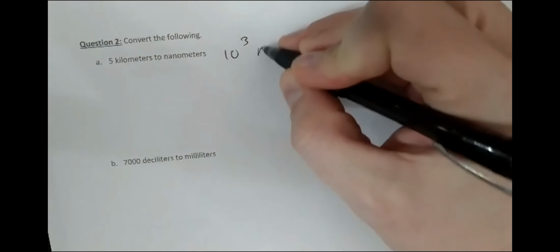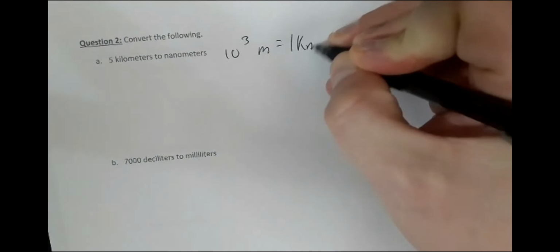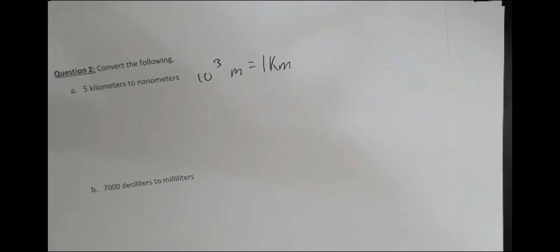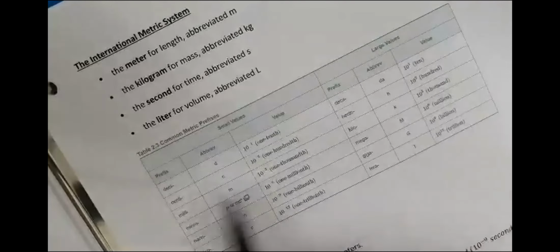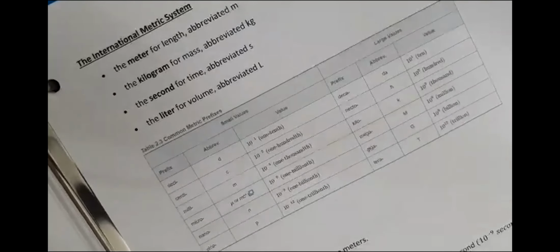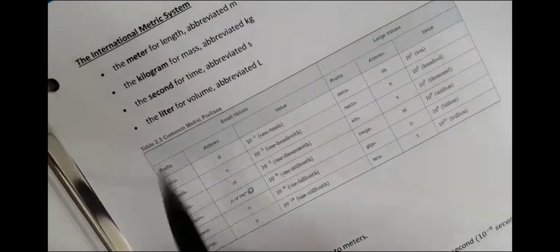Okay, so I'm starting out with 5 kilometers. So there are 10 to the 3rd meters. If we're looking at this table, these numbers are giving us the number of meters per, and then we look at the prefix. So they can put any one of these words after these prefixes.